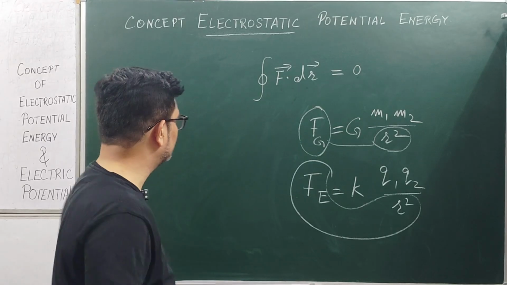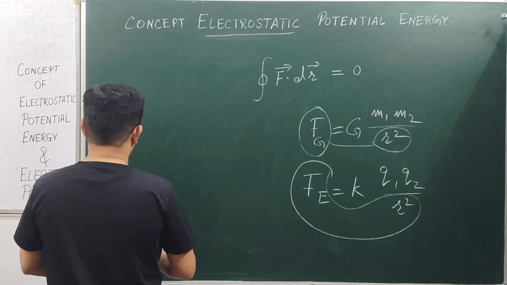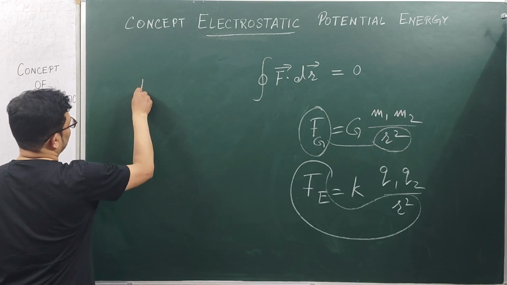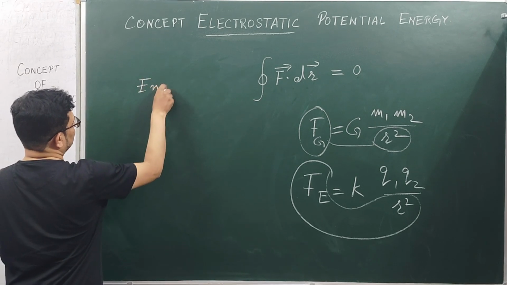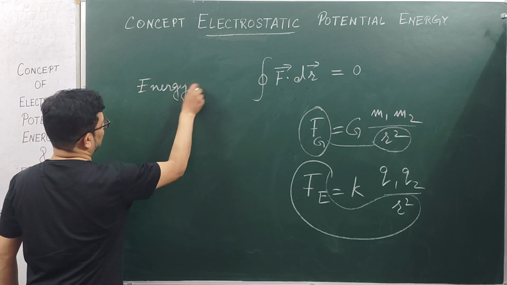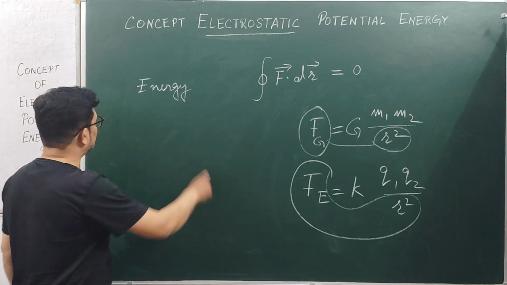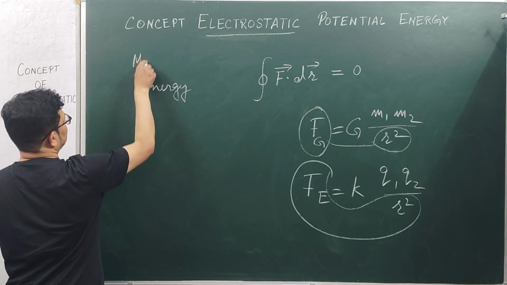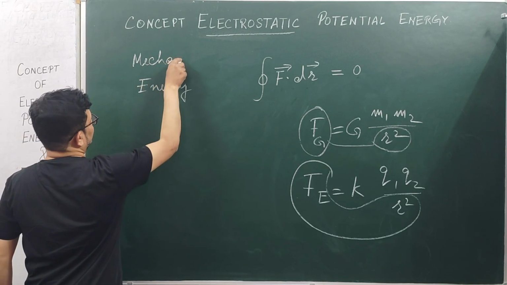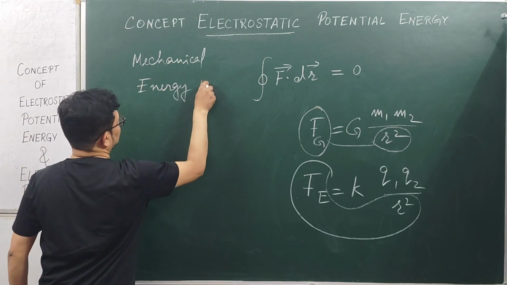So we'll try to figure it out from a concept wherein we know that energy, and we are talking of potential and kinetic. Suppose this energy we are talking about is the mechanical energy, right? The mechanical energy is conserved.